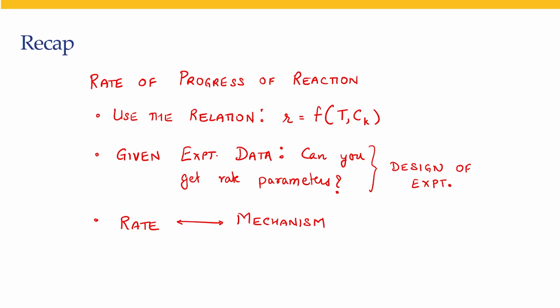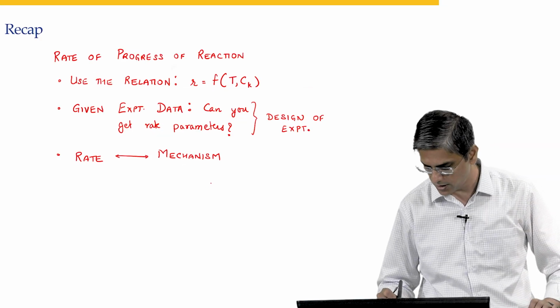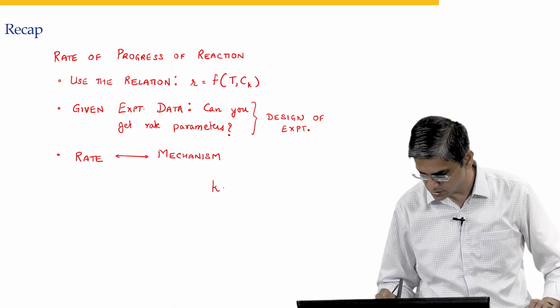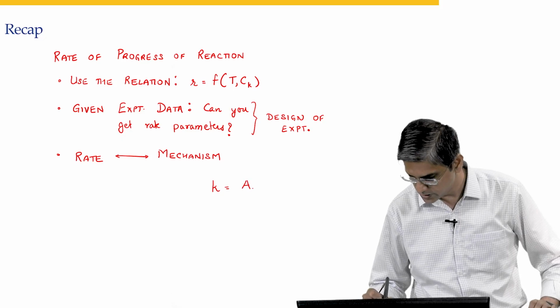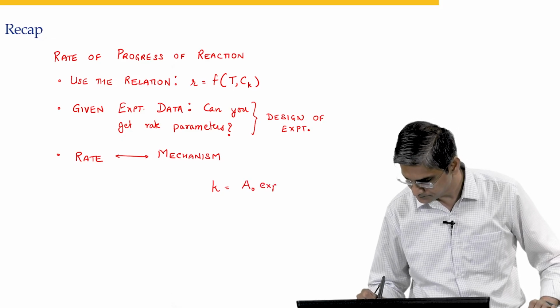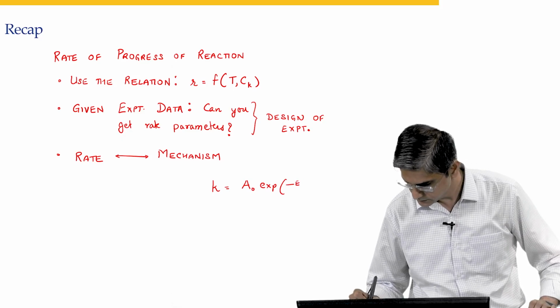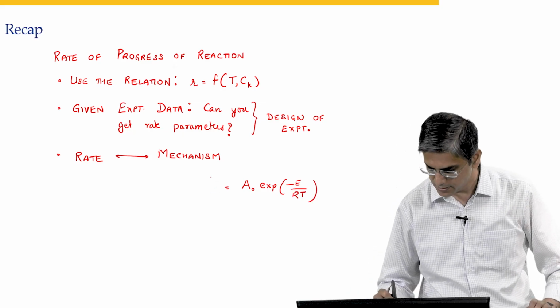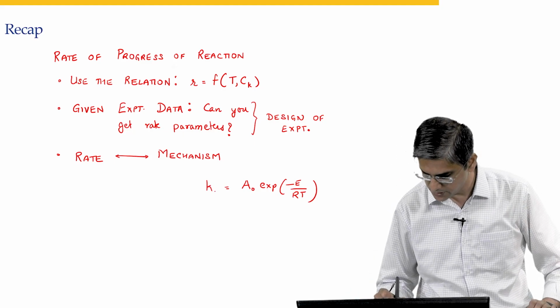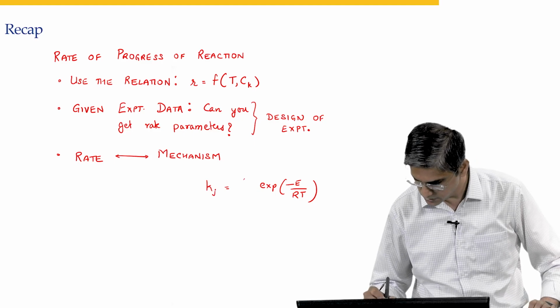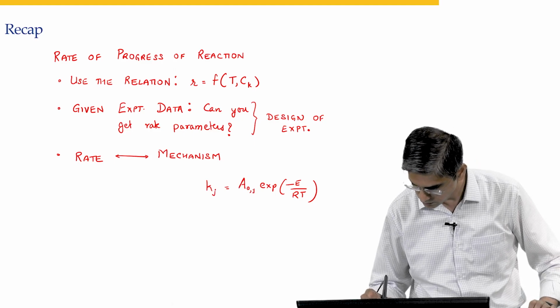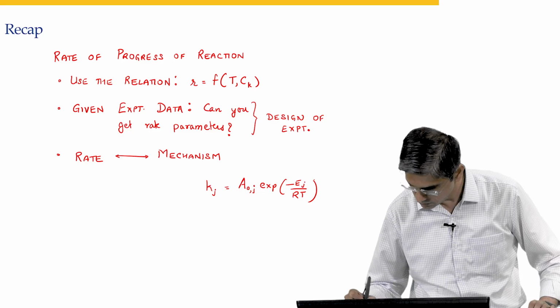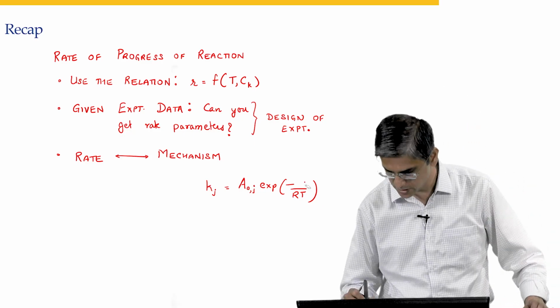We did talk about the Arrhenius rate law, and the Arrhenius form is A naught, and if there are multiple reactions, this is the form that we would have.